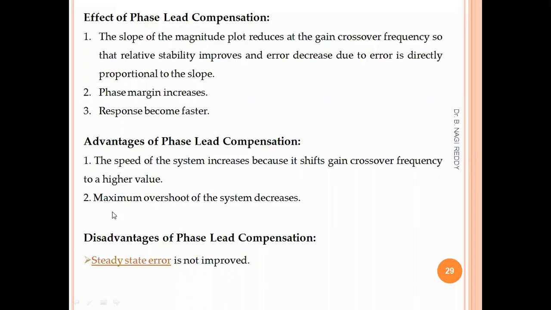So that is one of the advantages. And the second one is that maximum peak overshoot will get reduced. We'll have less peak overshoot. But there is only one disadvantage for the lead compensator, that is the steady state error is not improved. So we cannot improve the steady state error with the lead compensator. So that is the disadvantage. This is about the lead compensator. Thank you.